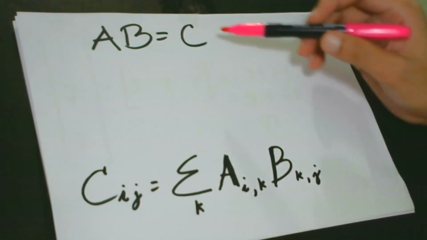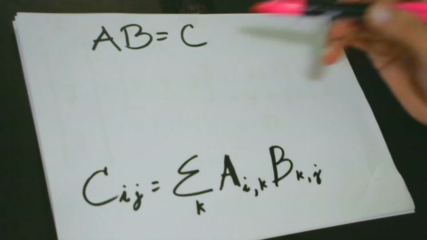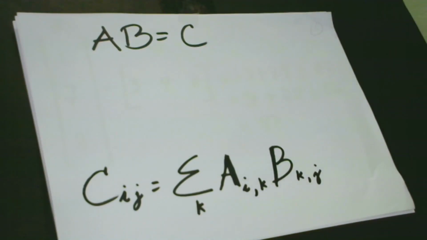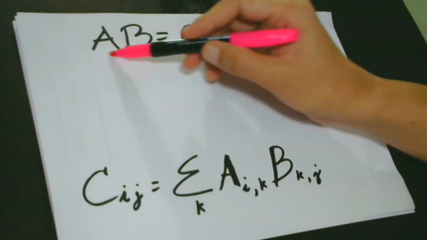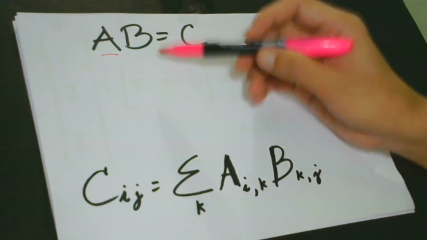For the product C to be defined, certain requirements must be observed. It is not just that we can multiply A and B, whatever nature they have, anytime we want. We have to follow certain requirements and be mindful of them. The first requirement is that A must have the same number of columns as B has rows.